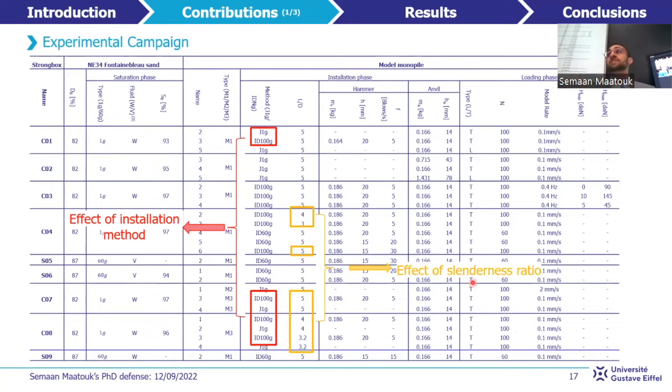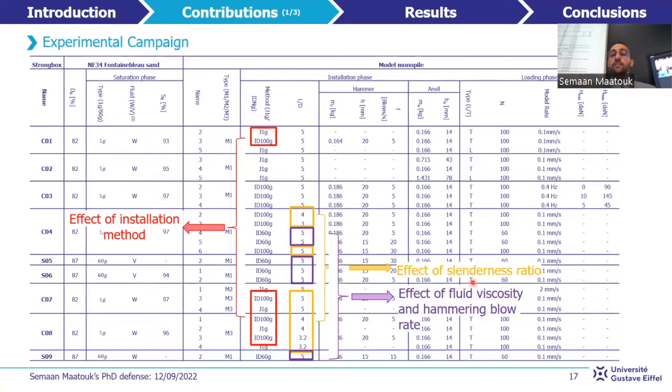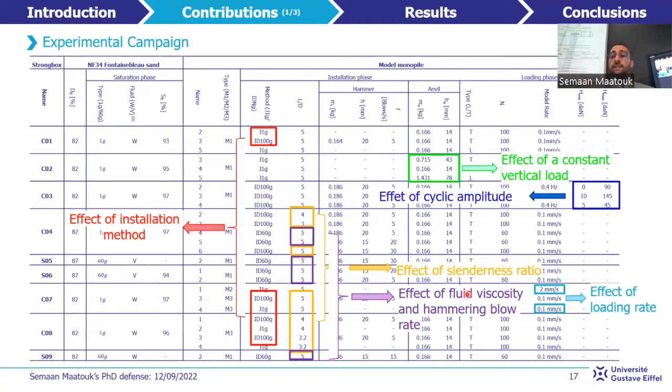Secondly, the slenderness ratio, tested between 3 and 5. Then the fluid viscosity, tested for 1 or 60 cSt viscous fluid, as well as the hammering frequency between 5 and 30 blows per second. Other parameters are also explored, but not sufficiently, such as the vertical load by varying the weight of the anvil fixed on the head of the monopile, the cyclic loading, and the horizontal loading rate.